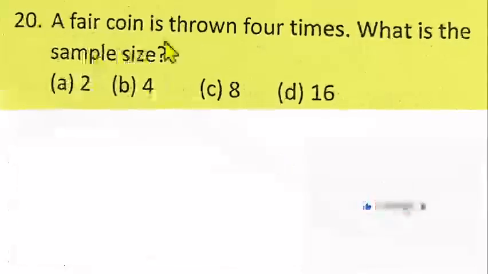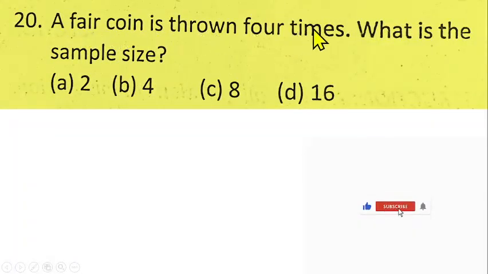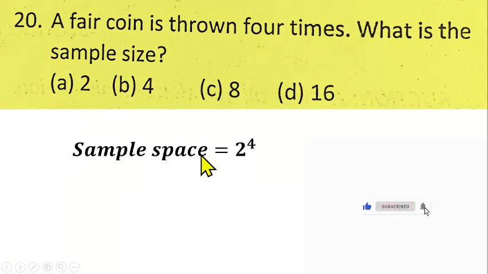Question number 20 is from probability. A fair coin is thrown 4 times. What is the sample space? So we want to get the sample space for 4 coins that are thrown at the same time. So the sample space will be 2 raised to power 4. How do you get the 2? Because in each coin you only have 2 outcomes, it's either head or tail, so that's where the 2 comes from.